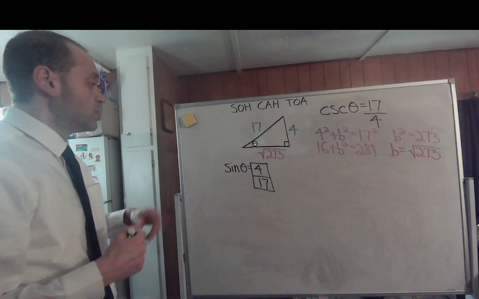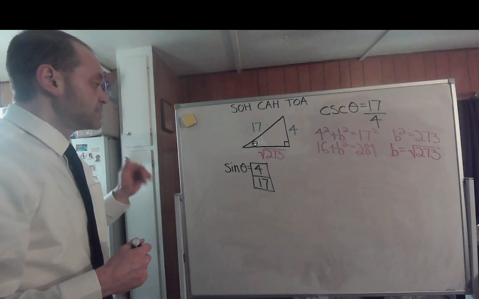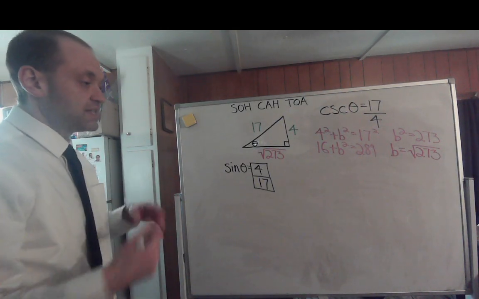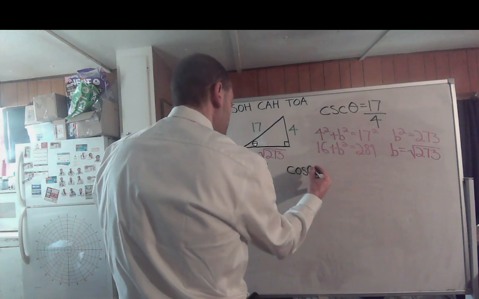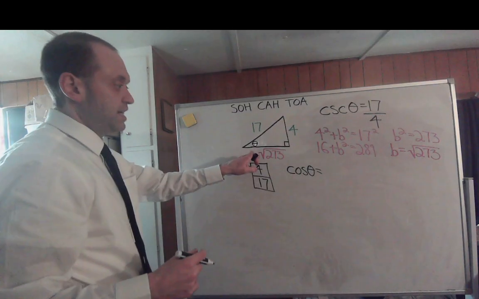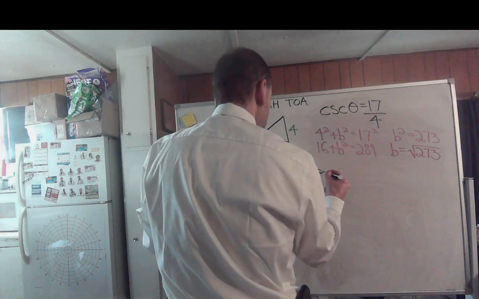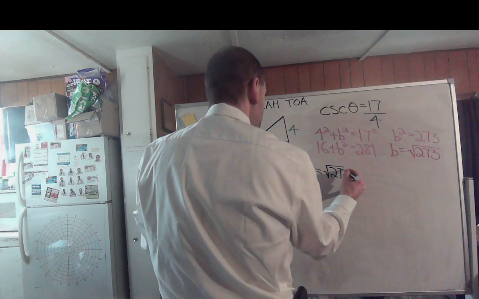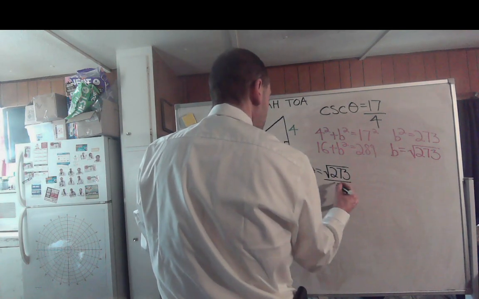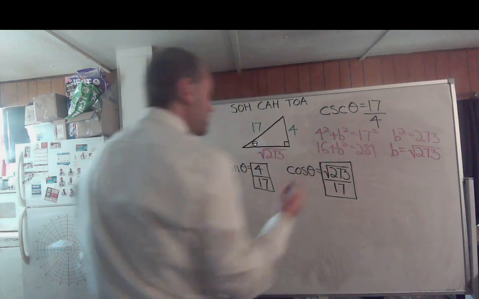Okay, now what about, let's see, we did cosecant and sine, let's do cosine. So the cosine of the angle is the adjacent leg over the hypotenuse, so that's going to end up being the square root of 273 all over 17. There, in fact, is going to be your cosine.